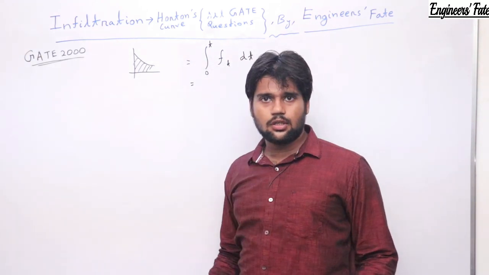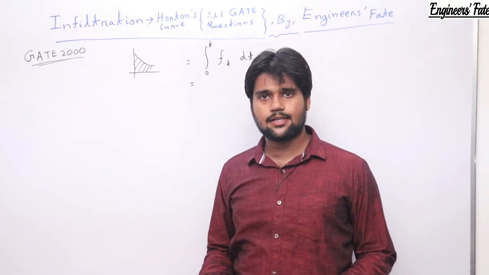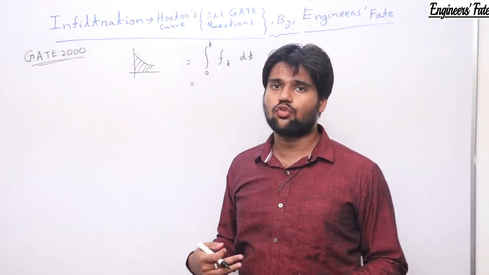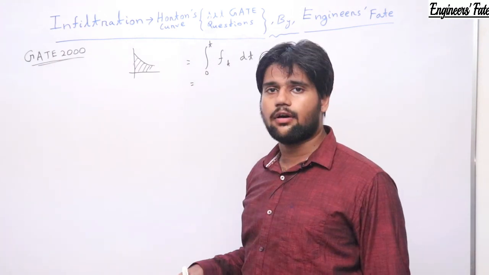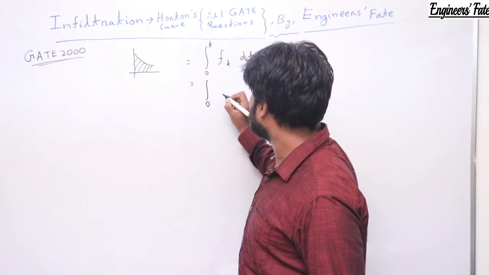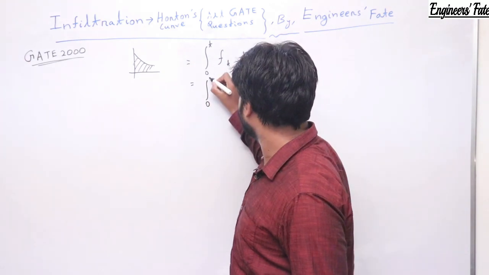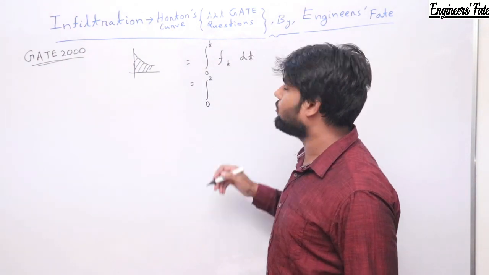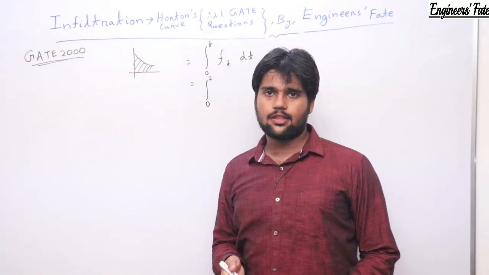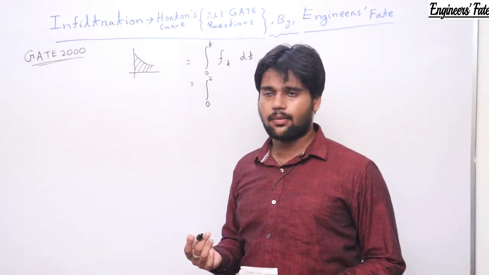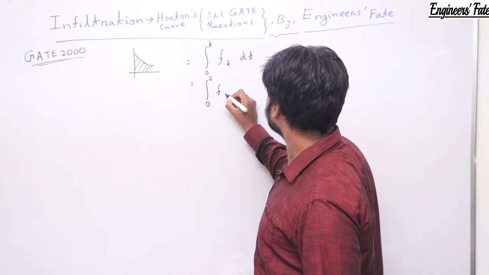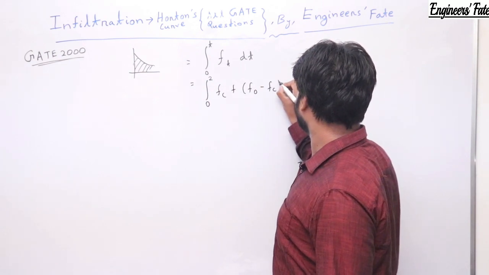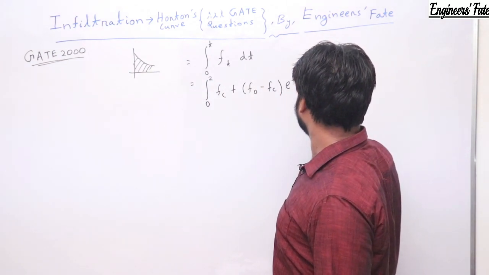So in this question he has not given the initial hour, but he has asked us to find at the end of 2 hours. Means the initial hour I have to take 0, and the end of 2 hours means I can take it as 2. And f(t) he has given in the question, the same thing we have to remember, that is f(t) equal to fc plus (f0 minus fc) into e to the power minus kt.